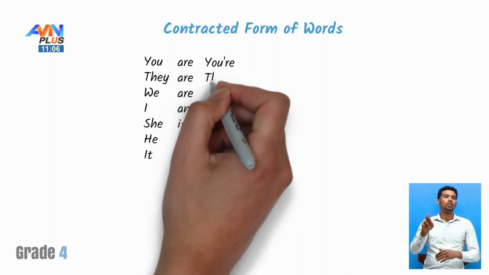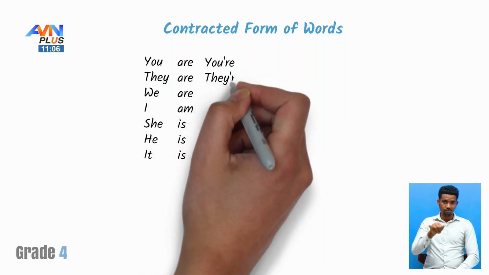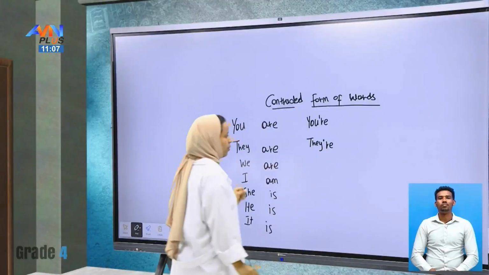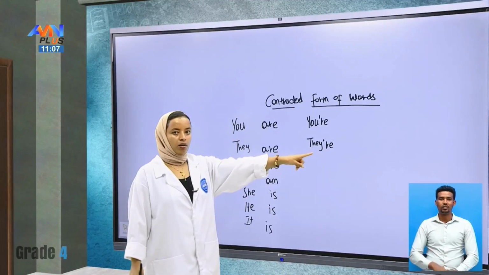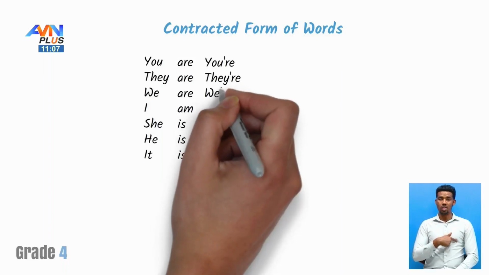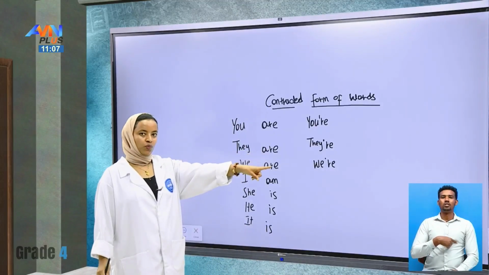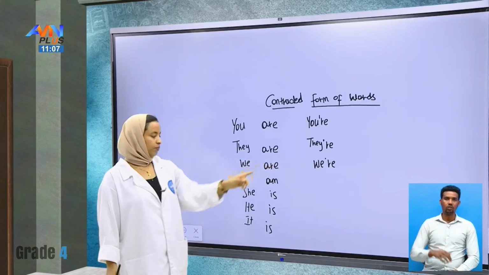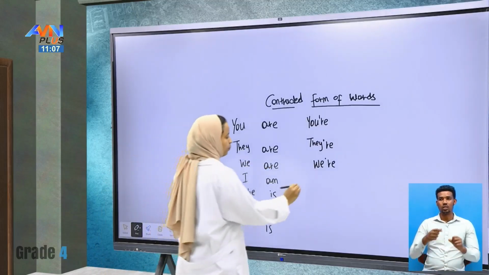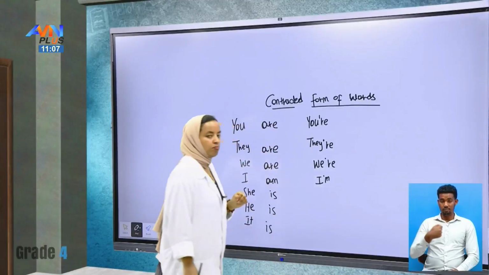They are: here is the apostrophe punctuation, and re. They're. Let us continue. We are: we're. I am: I'm.